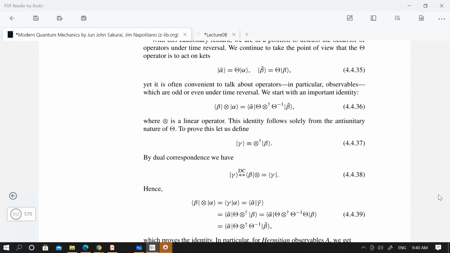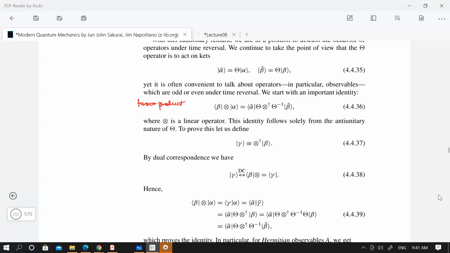Initially, I get confused by equation 4.4.36, which introduces what I call this X-Men operator. This looks like a tensor product thing, so I do not want to use this.